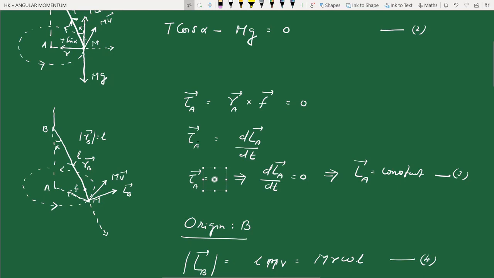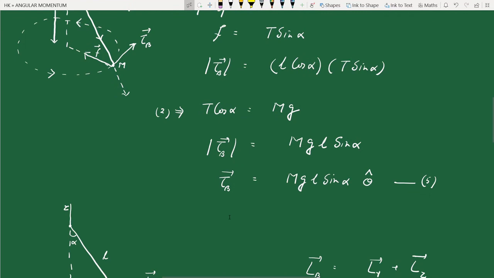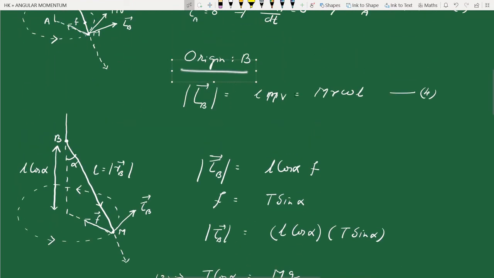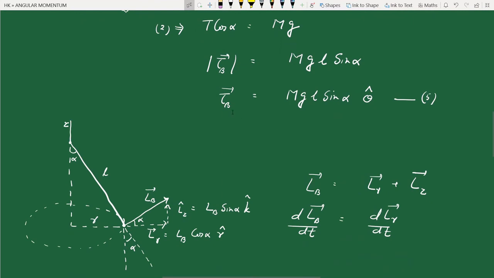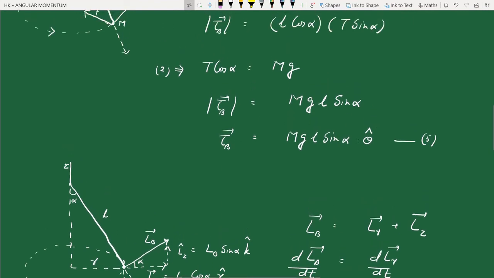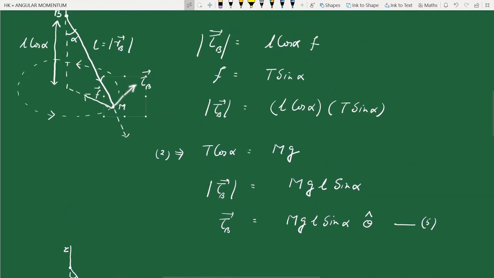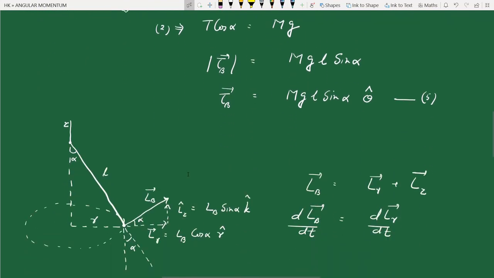So this indicates that the relationship between torque and angular momentum must be like this: torque is equal to dL by dt. This verifies that. And about origin B also, we first calculated angular momentum, then we calculated torque about point B, which is mgl sin alpha in theta cap direction, tangential to the circular path. Then we calculated the rate of change of LB.